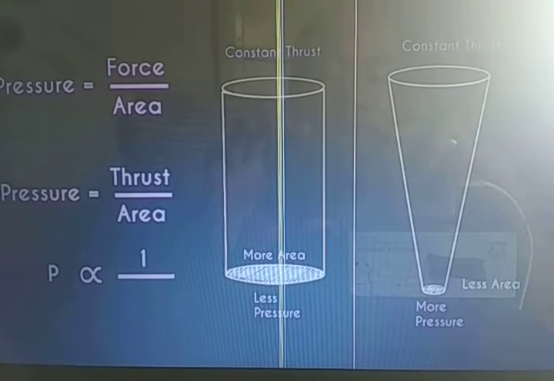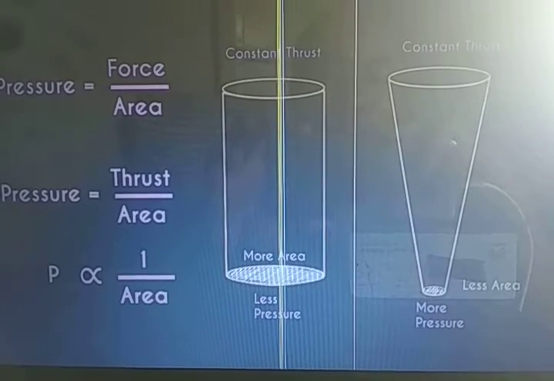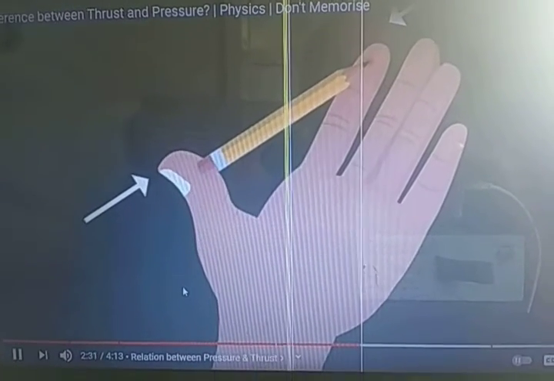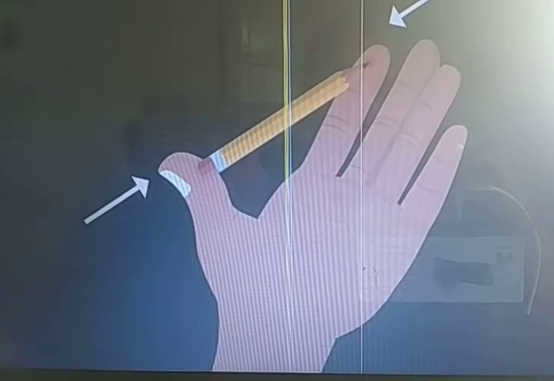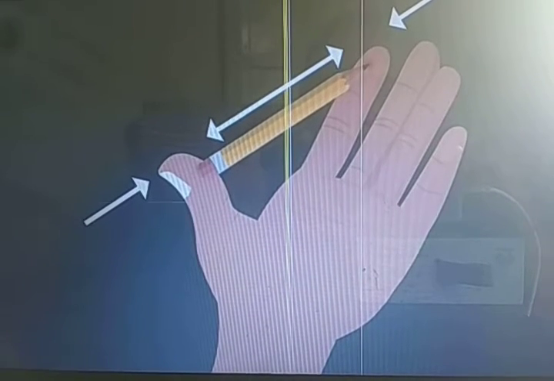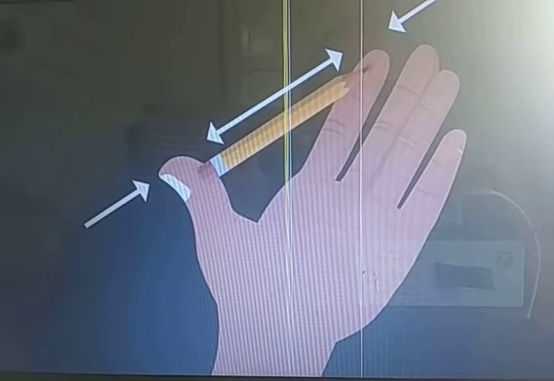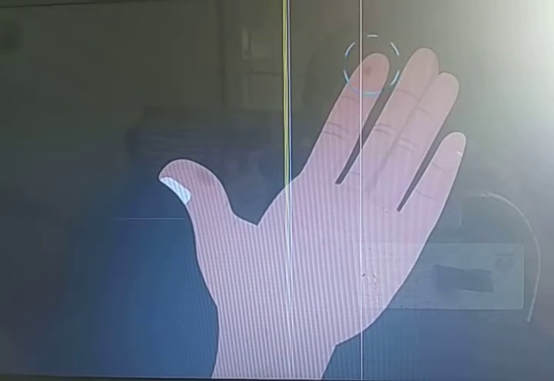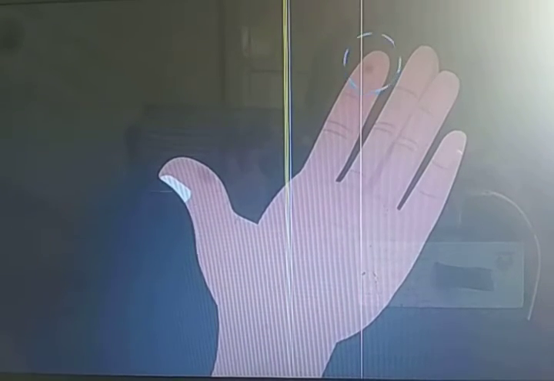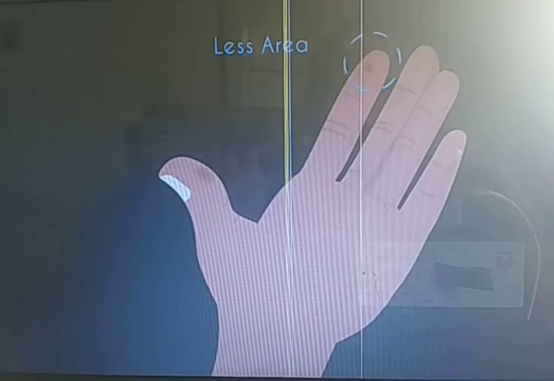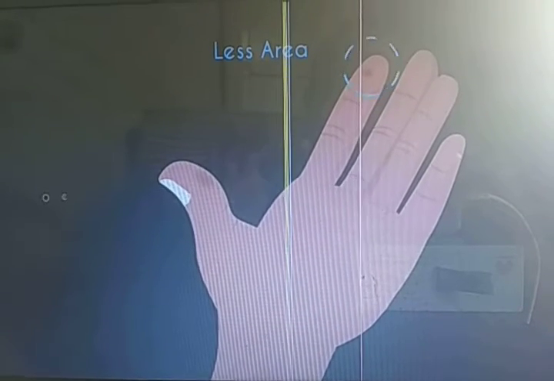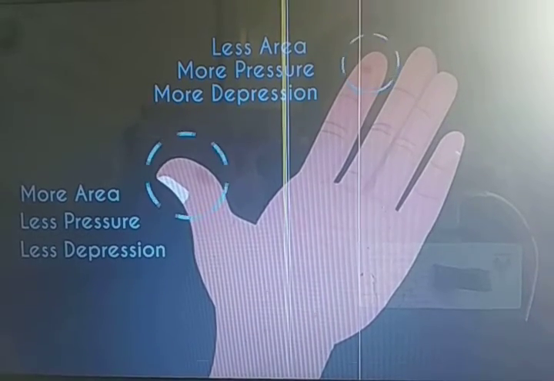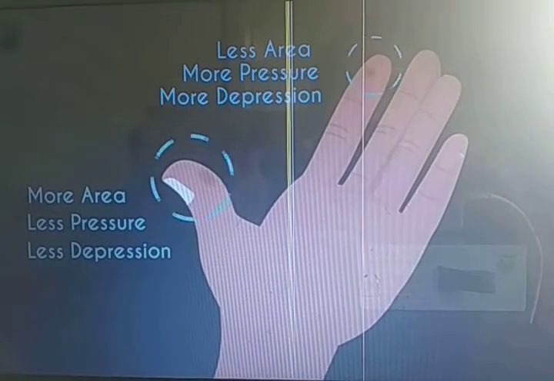Therefore, pressure is inversely proportional to the area. When you apply equal forces, the depression on the index finger is more because its area is small compared to the area of the thumb. When the area is less, pressure is more. When the area is more, pressure is less.